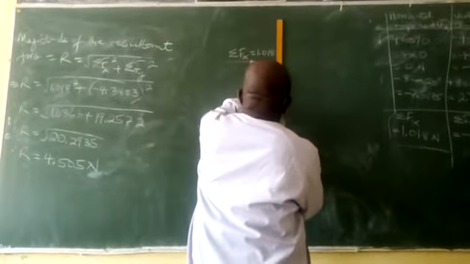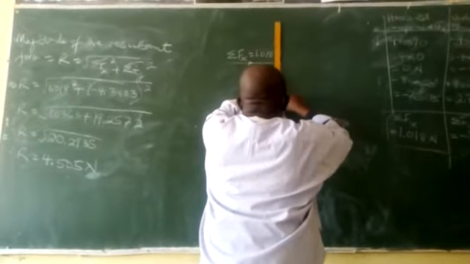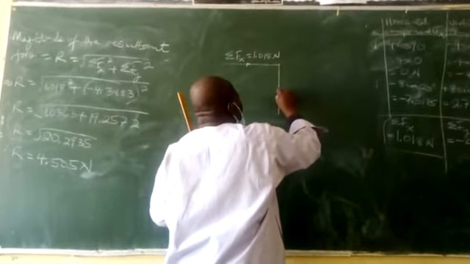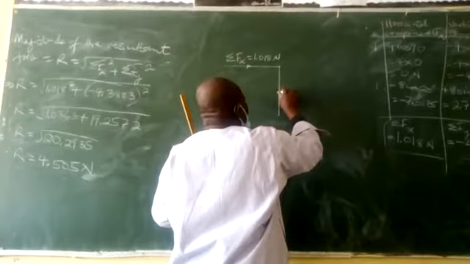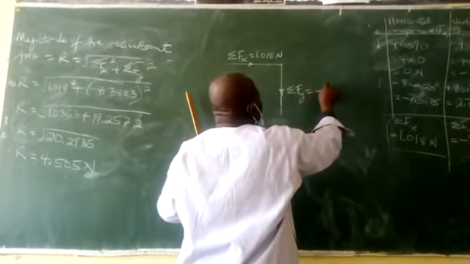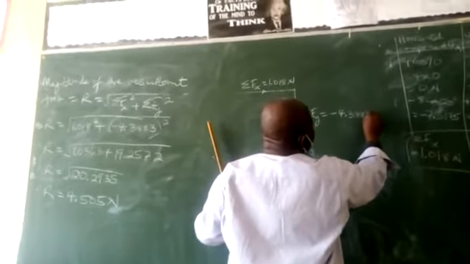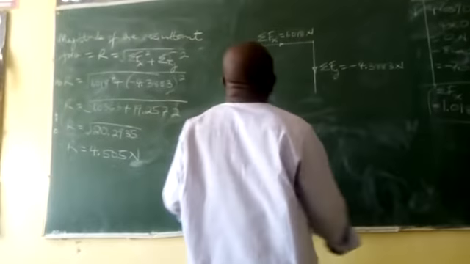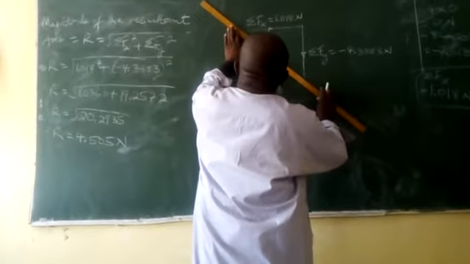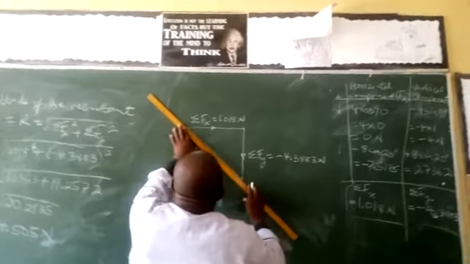So that is summation F of y, which is equal to minus 4.3883 Newton. Now we have to close the polygon by drawing the third side of that triangle.